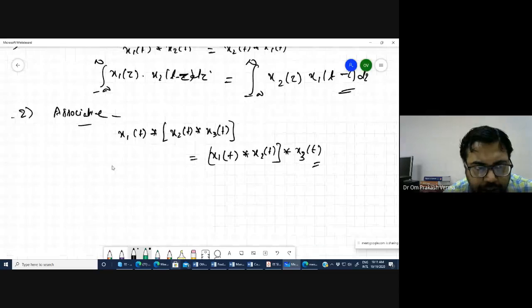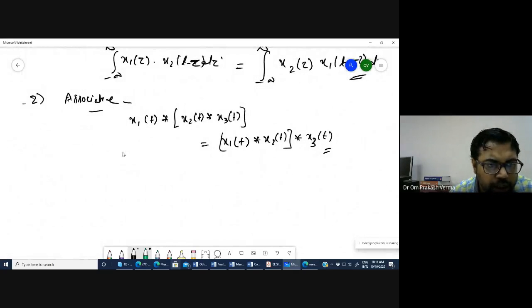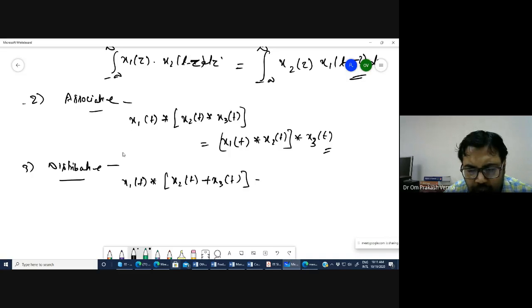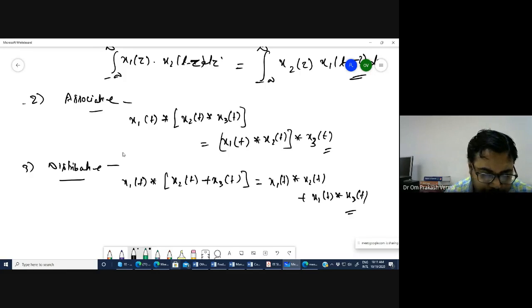The result will not change. Third is the distributive property. So x1(t) convolved with, let's say, x2(t) plus x3(t). The result is nothing but x1(t) convolution with x2(t) plus x1(t) convolution with x3(t).